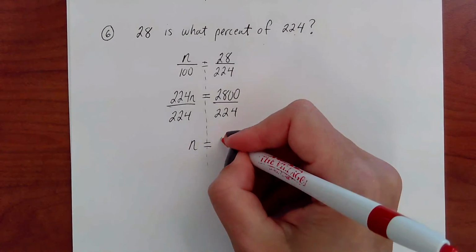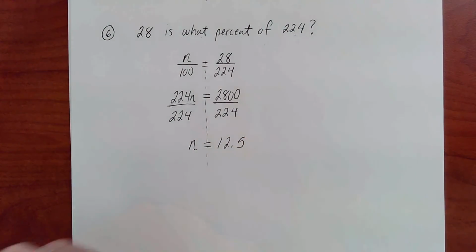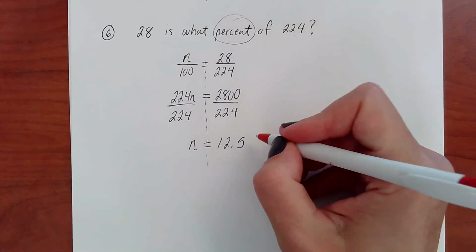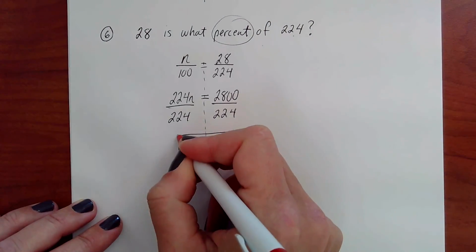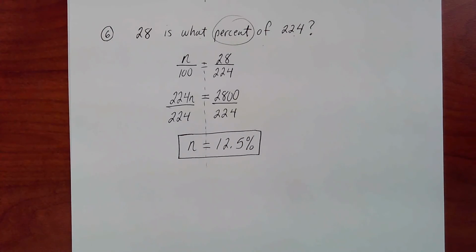And I'm getting 12.5. Is that my answer? Yes and no. Remember, we were looking for a percent, so you have to put the percent symbol down. Okay? All right, another gorgeous, gorgeous work here. Nice job, guys.